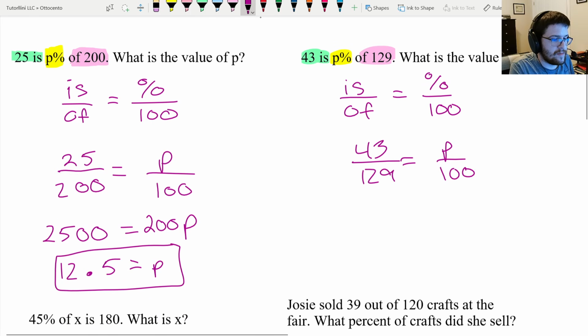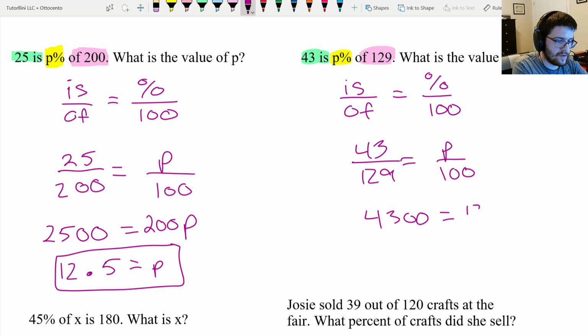So we can cross multiply: 4,300 equals 129p. And then we divide both sides by 129.